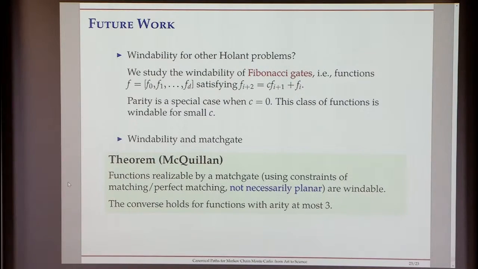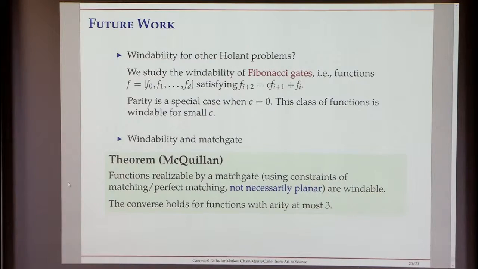And the second point is the windability and the match gate. McQuillan proved the following theorem about the windability and the match gate. He shows that if we consider all the functions realizable by a match gate, here a match gate is not necessarily planar, and it can use the constraint of the matching and the perfect matching, then every function realizable by this match gate is windable.